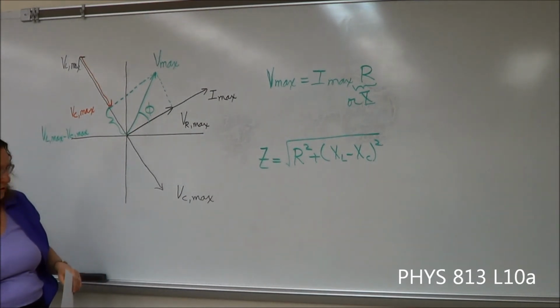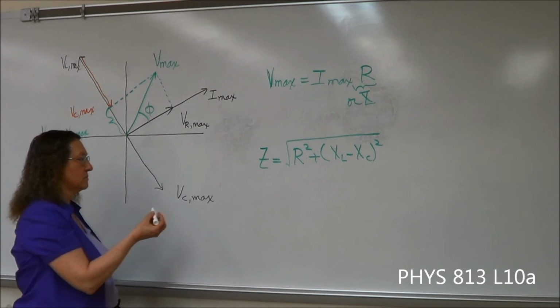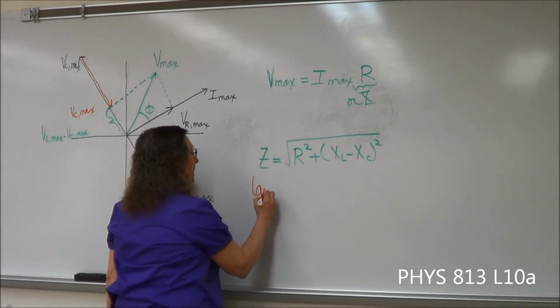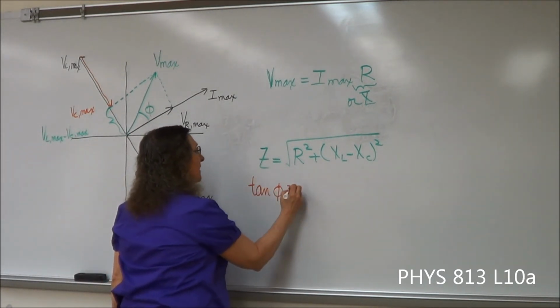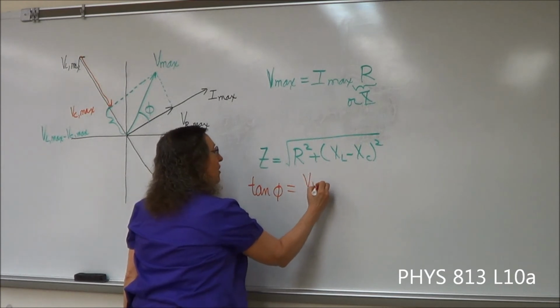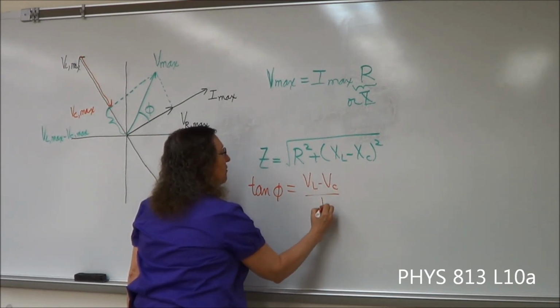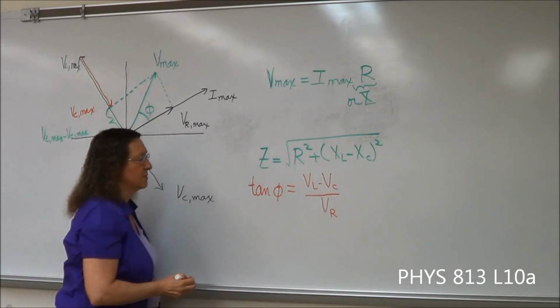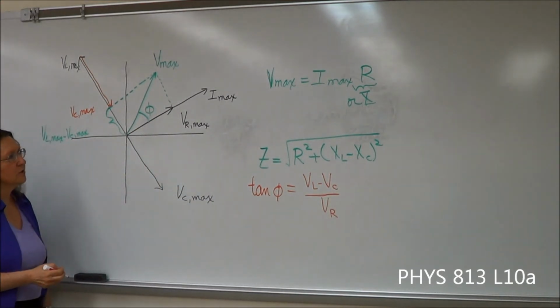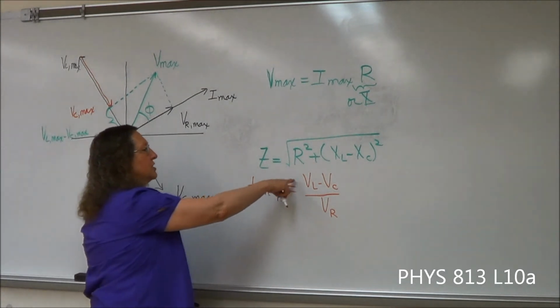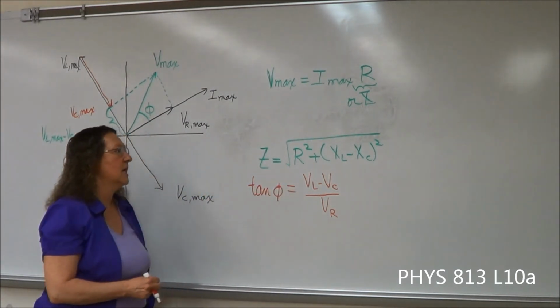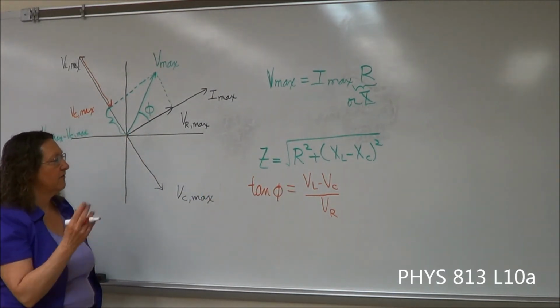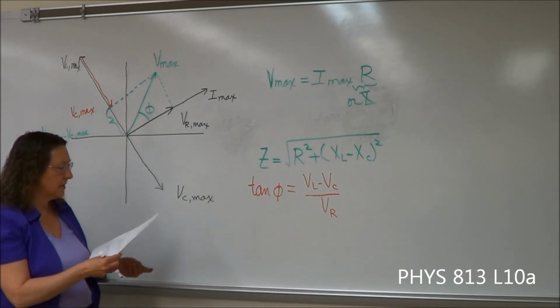Oh, let's go back to red. So tangent of phi is VL minus VC over VR. And these are all maximum values. You can use the same idea that voltage is current times resistance and factor out and simplify things.